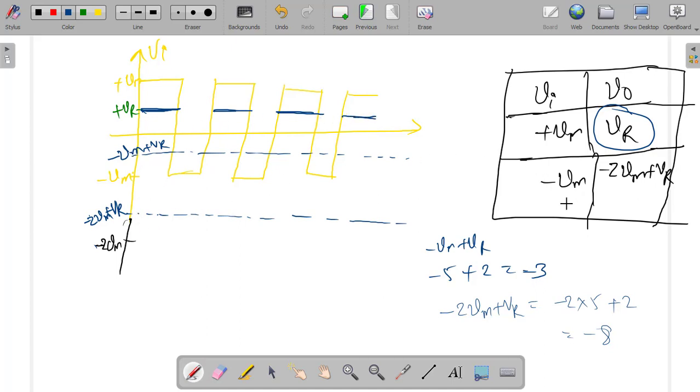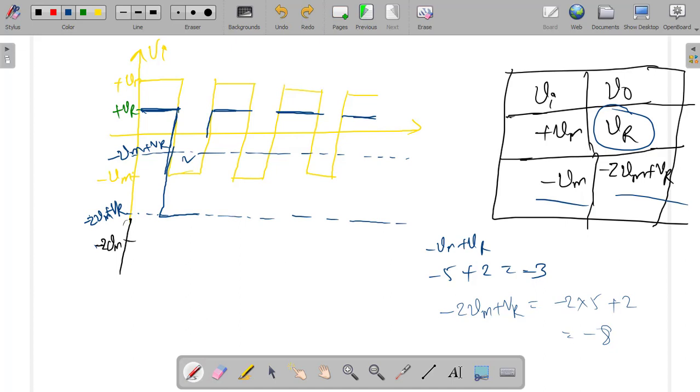Clear? So the position of plus Vm is brought down to Vr, or you can say clamped down to the reference voltage. Now coming to Vi equals minus Vm: minus 2Vm plus Vr. As we have already denoted the minus 2Vm plus Vr position in the graph, we will redraw it using the output.